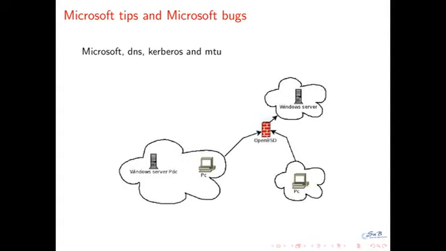Okay, then comes the tricky part, because if you have to play with PPTP, L2TP, you have to play with Microsoft too. So the first problem was that in the VPN, in the IPCP configuration, there was the DNS to be used.